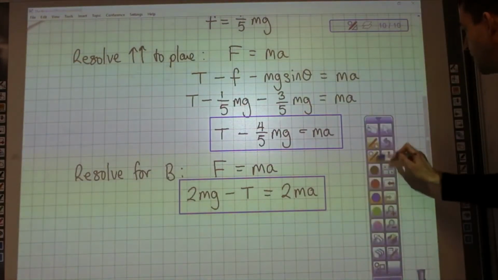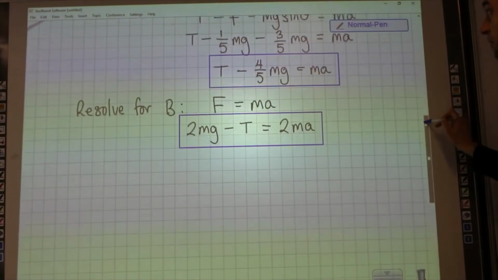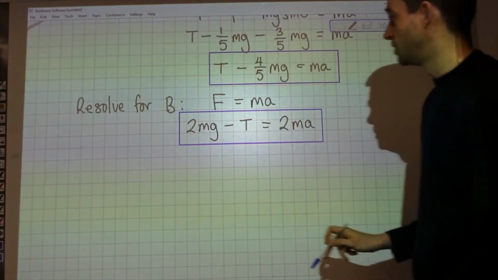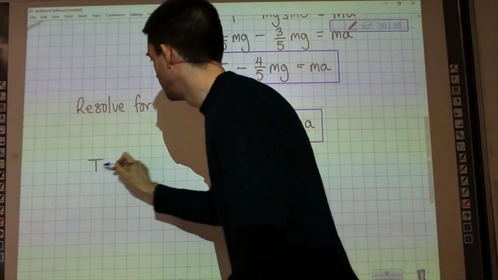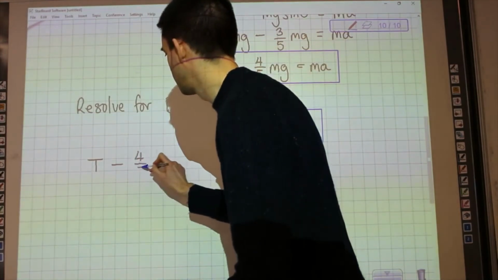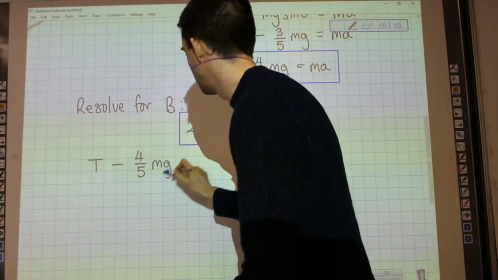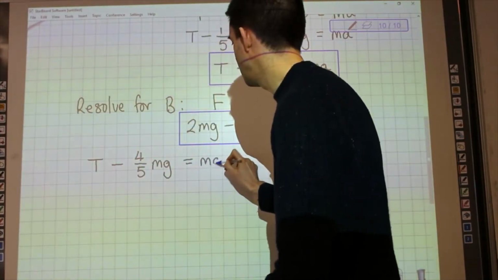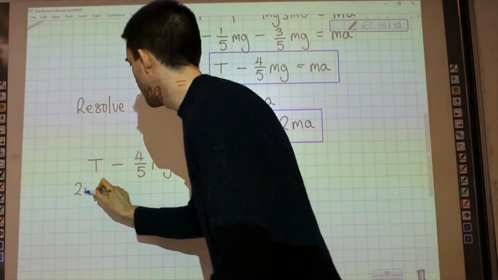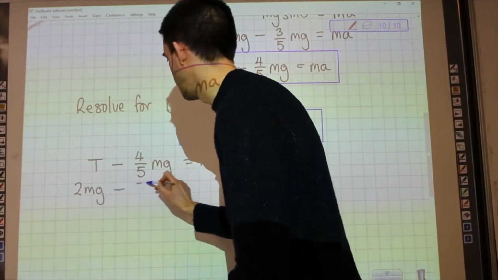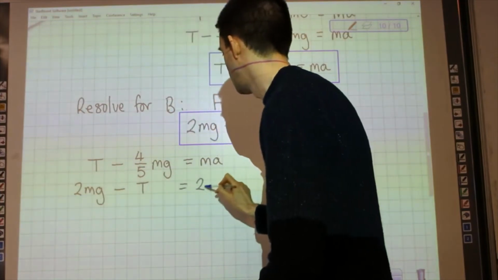So what we're going to move on to do now is solve those two equations simultaneously. We've got T minus 4/5 mg equals ma, and 2mg minus T equals 2ma.